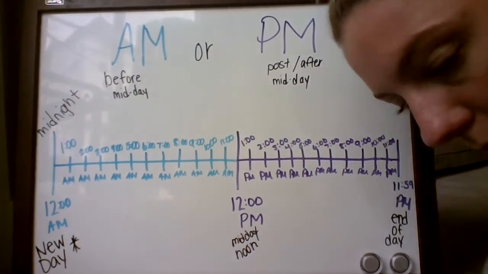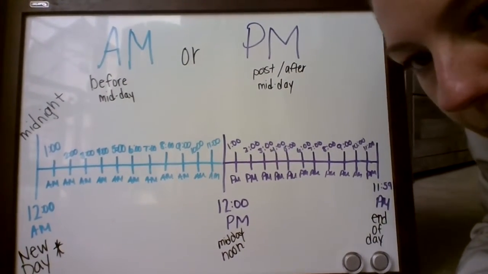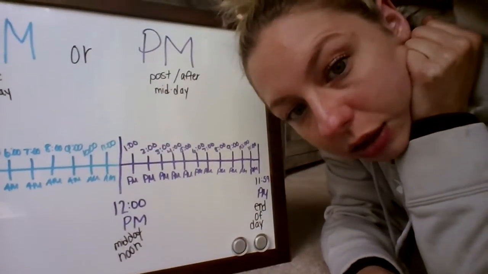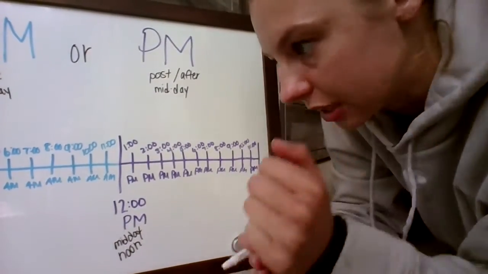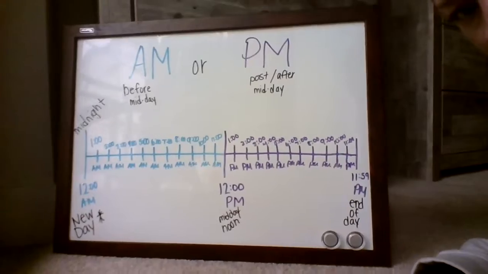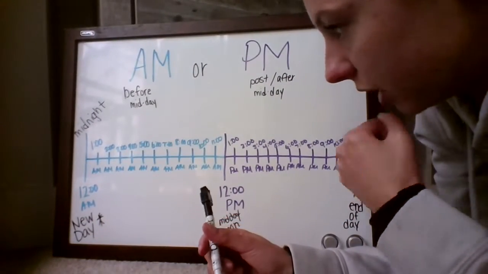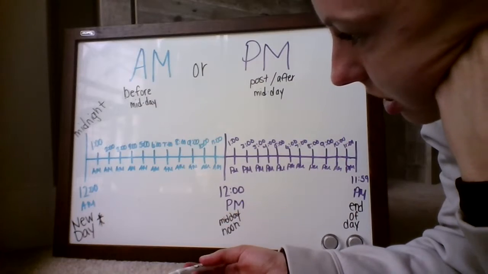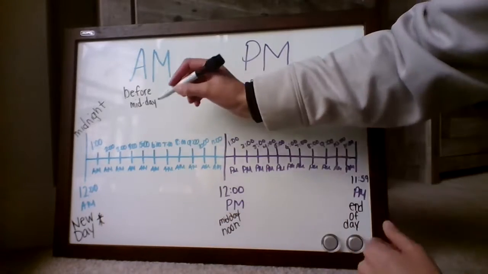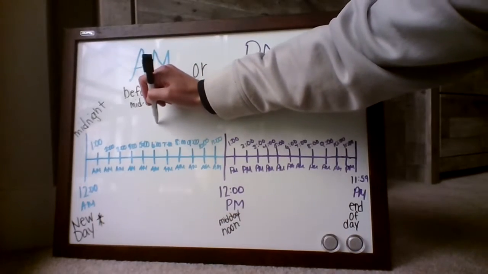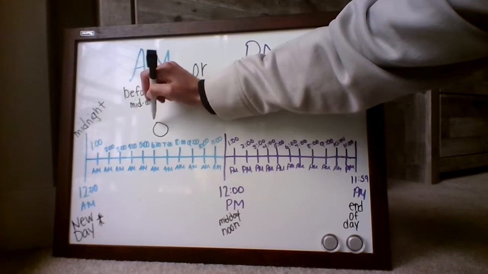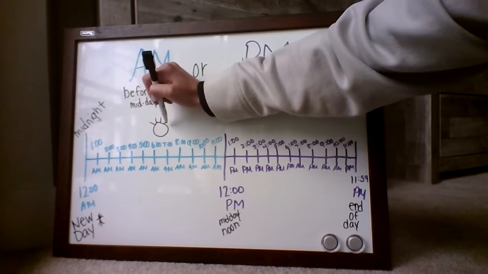Okay? So let's just go over some basics on how our day looks. And I'm going to use myself as an example because obviously I'm the only one here. So I know that the sun usually comes up around 6 or 7 in the morning.